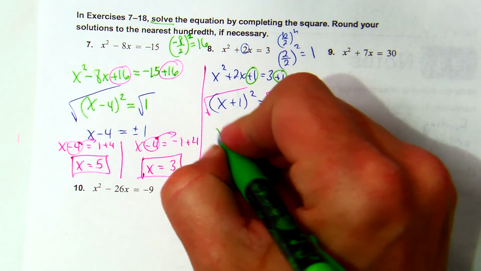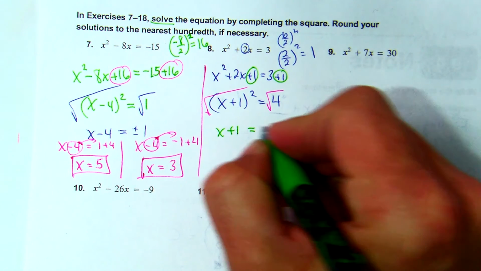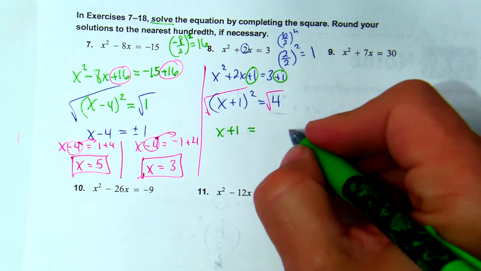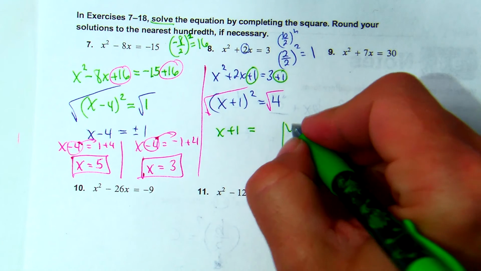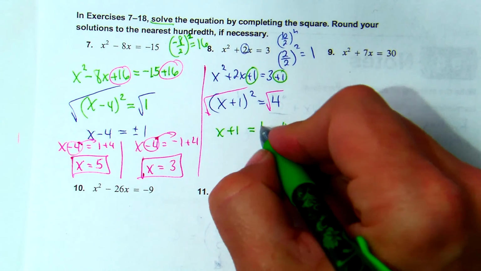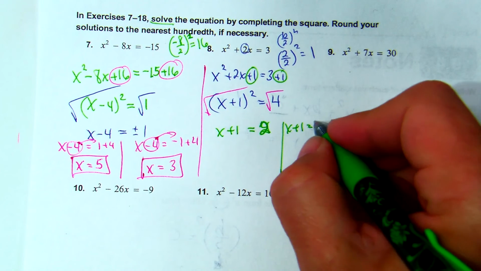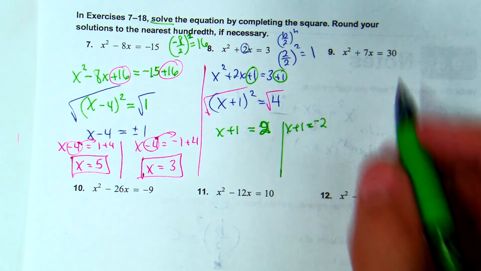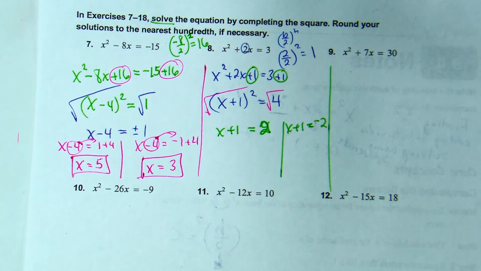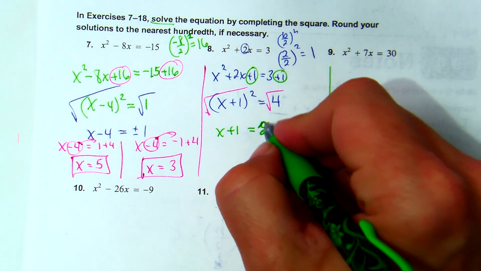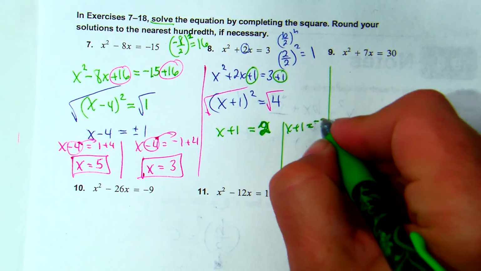But we're going to have x plus 1 is going to equal a positive, and I'm just going to go ahead and split it because I know there's going to be 2. So I'm going to have a positive 2, square root of 4 is 2, and a negative 2. So I know I'm going to have 2 equations to solve for. I've got a positive 2, and I have a negative 2.